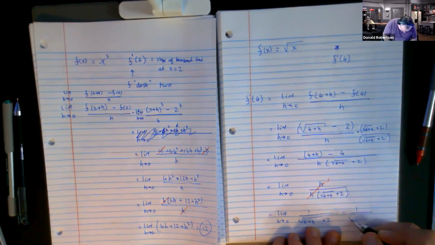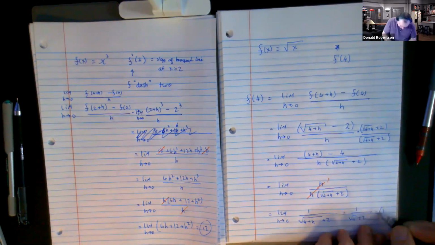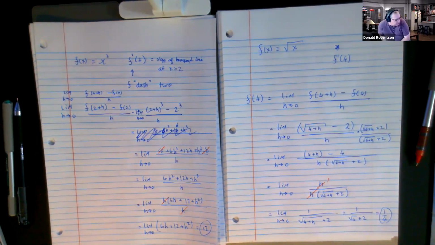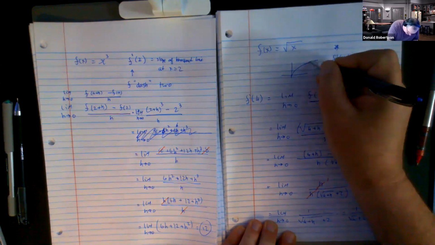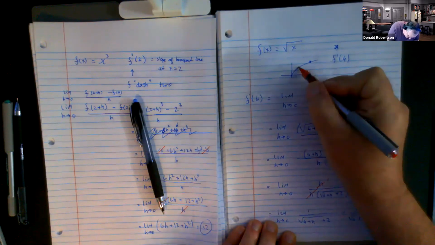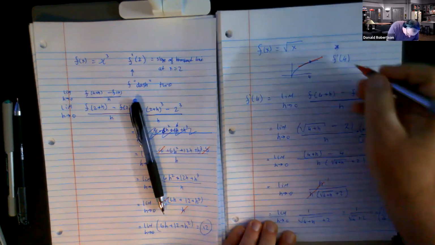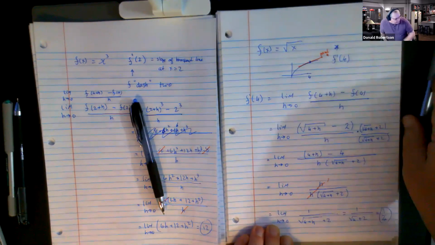So it becomes 1 over the square root of 4 plus 2, which is a quarter. So the slope of this function, the square root function, which probably looks something like that, at x equals 4, that tangent line, that guy there, will have a slope of a quarter.